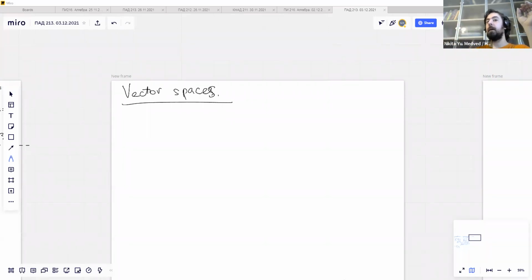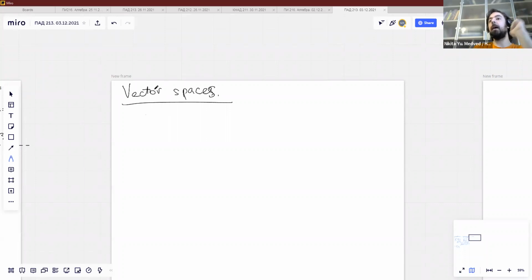Still, the idea, I remind you, is as follows. We have some fixed field F. It will usually be real numbers simply. When it is hard to think about some fields, you can simply think, okay, numbers. It won't be a problem for most of our tasks. So you have some field and you have some set of objects.